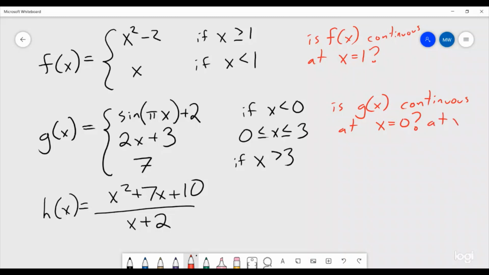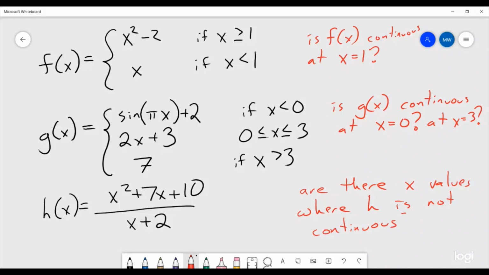How about at x equals 3? And then for h of x, are there x values where h is not continuous? Go ahead and pause the video and try to figure out if these are continuous at those different points.